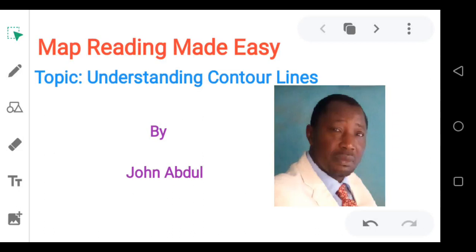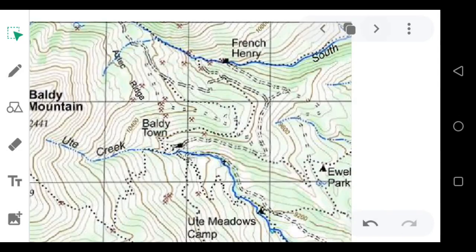If you take a look at any map, for example, the one you are seeing now, you see that it is dotted with lines running all over the map.